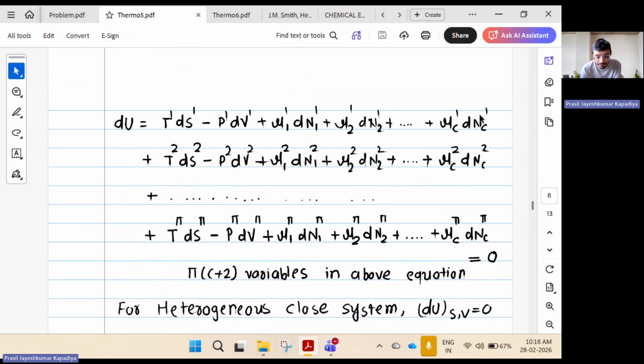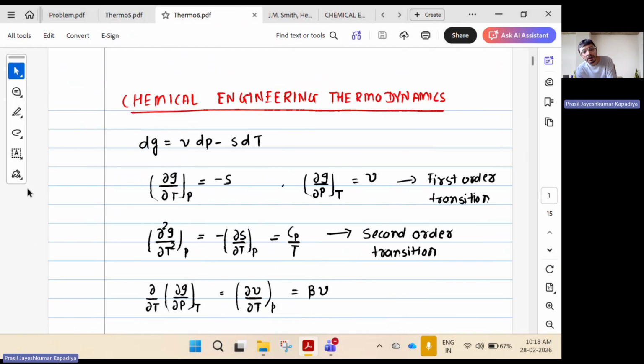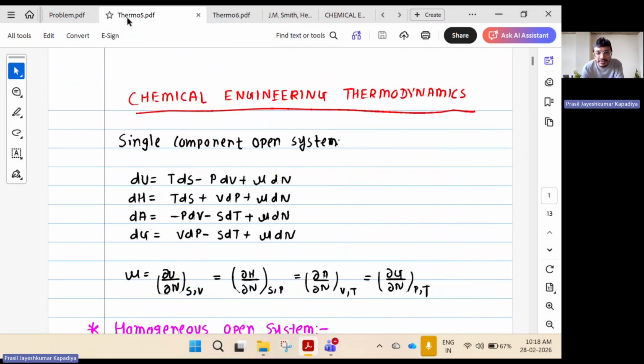Okay, so now this was all about Gibbs phase rule. Numericals will come at the end. So now we know that this relation dG is VdP minus... Okay, so till now what we did, we derived the single component open system equations, then the multi-component open system equation, where we added summation i is equal to 1 to n, mu i dn i is equal to 0.